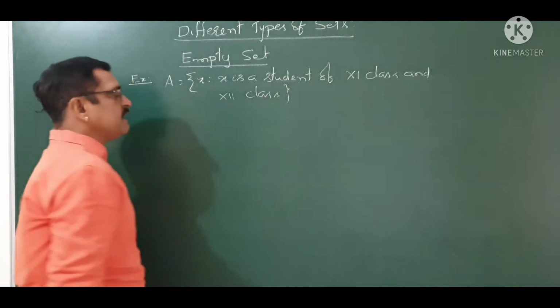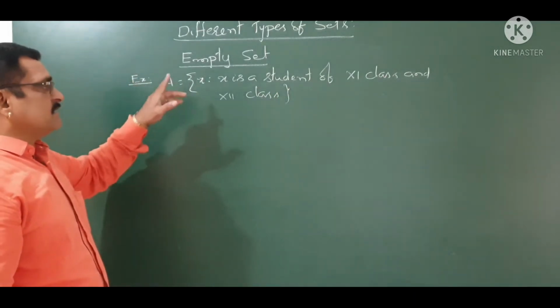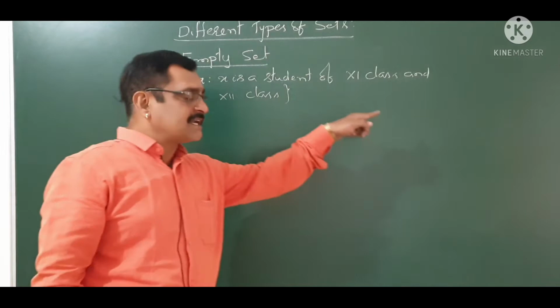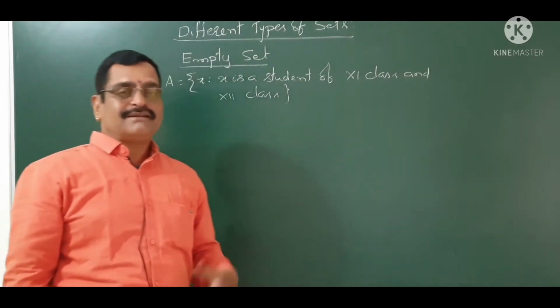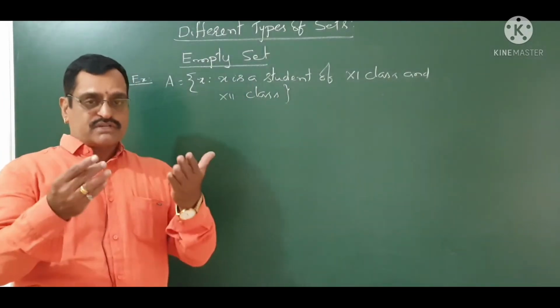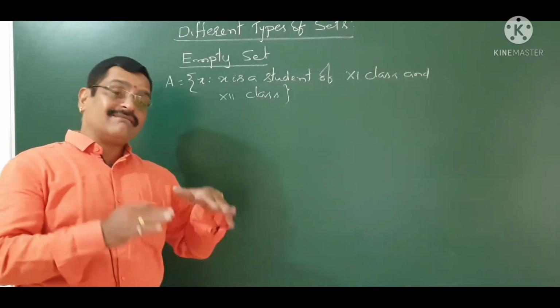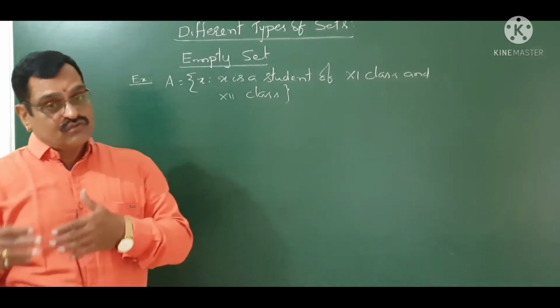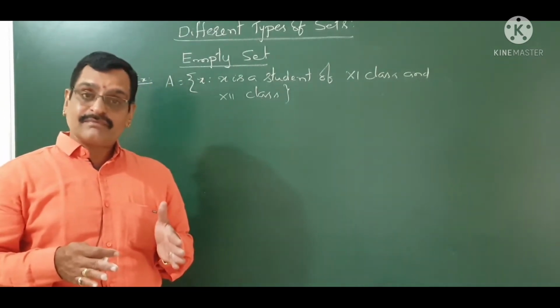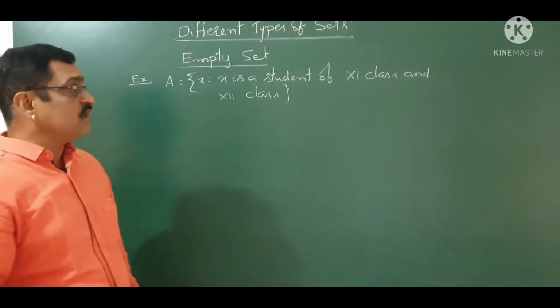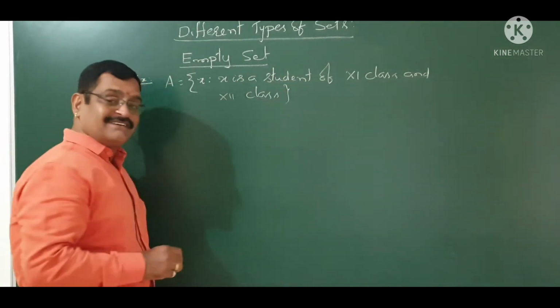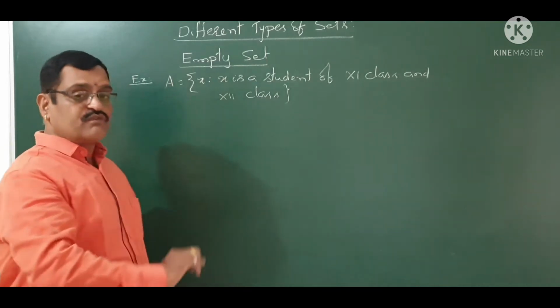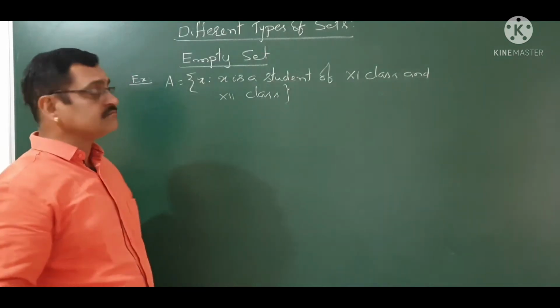So the set contains x, a student of 11th class and 12th class. That means I need those students who are studying 11th class as well as 12th class at a time. Which is not possible. So therefore this is the empty set. In this set we don't find any element.